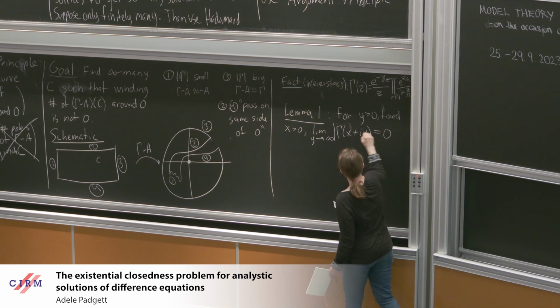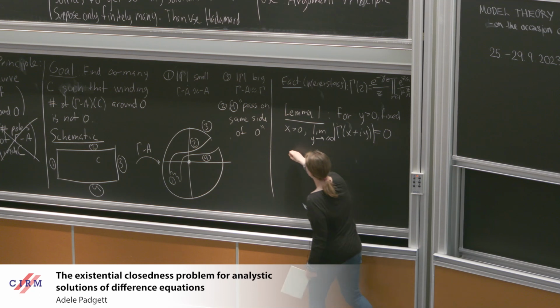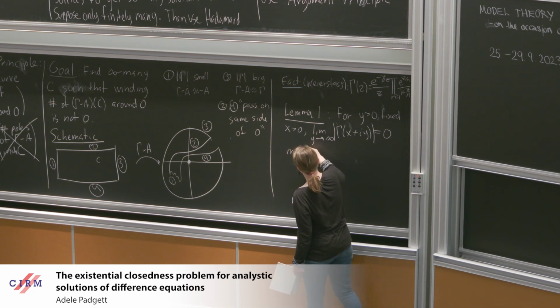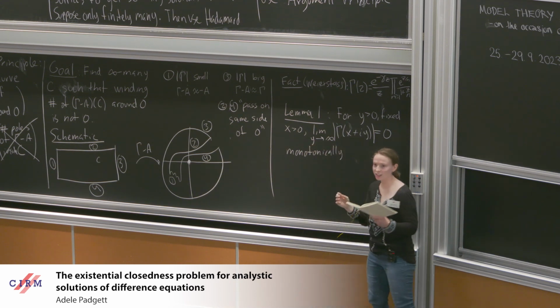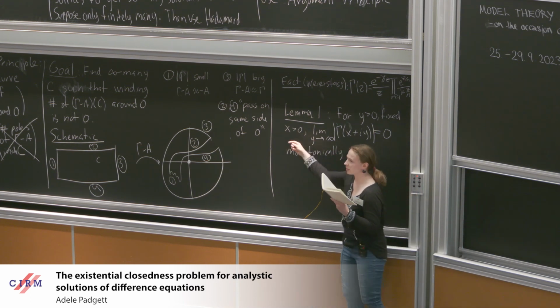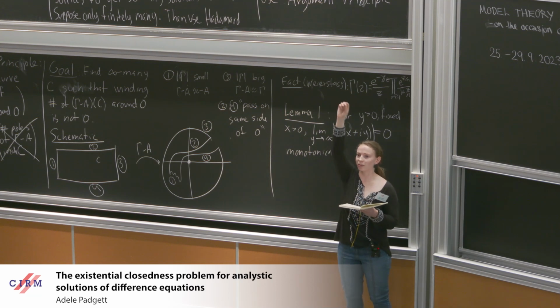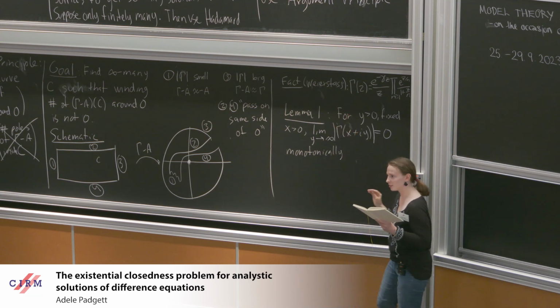And if you look at the modulus, then it approaches 0 monotonically. So this is saying, for some real part, go up along vertical lines, and then the modulus goes to 0 monotonically.